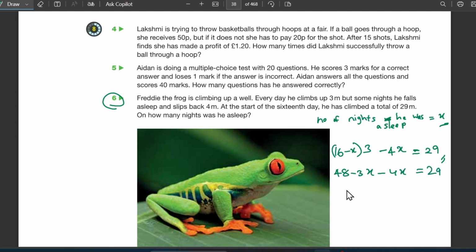Then it would be 7x equals 19. So x equals 19 over 7.